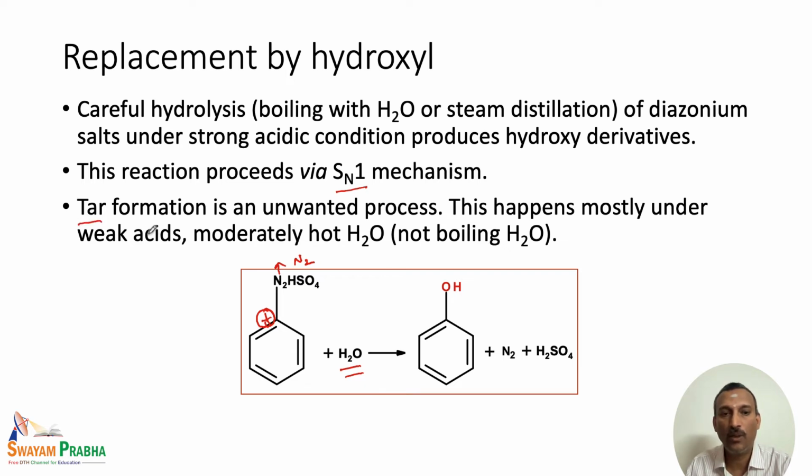That means a lot of black material will be formed in this particular reaction. This happens when we are running the reaction under either weakly acidic conditions or moderately hot, not boiling, water. So, to get the hydroxy derivative formation, the reaction has to be carried out with a strong acid. A very strong acid is essential, and the reaction should also be carried out with steam or boiling water.